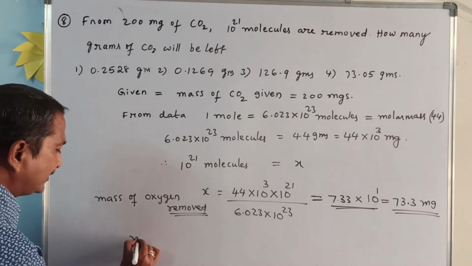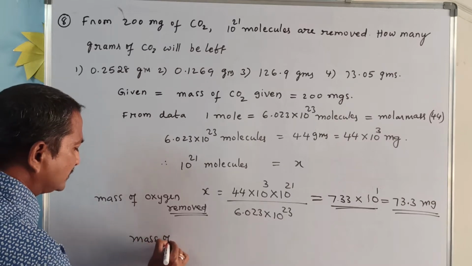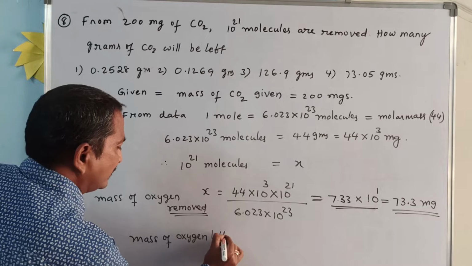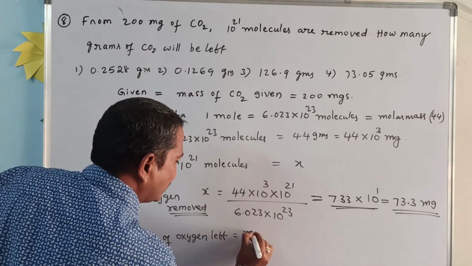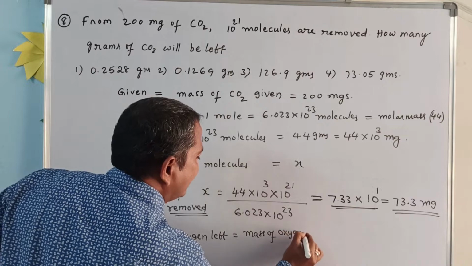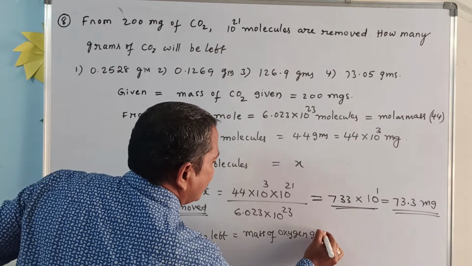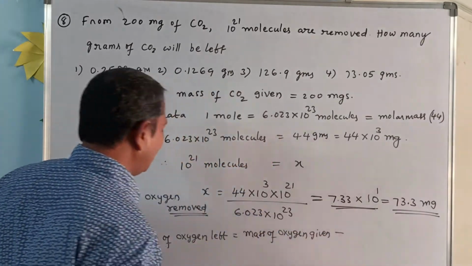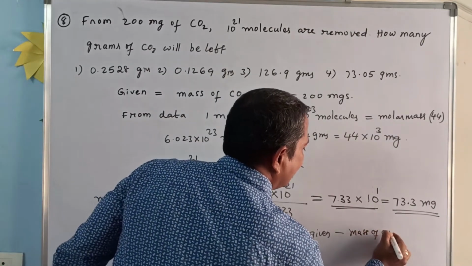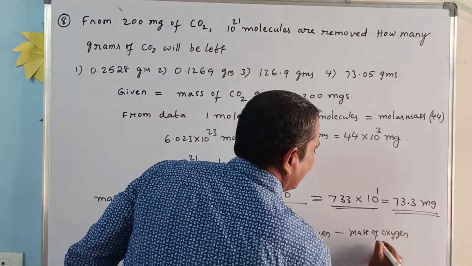Now the mass of oxygen left is equal to the mass of oxygen given minus the mass of oxygen removed.